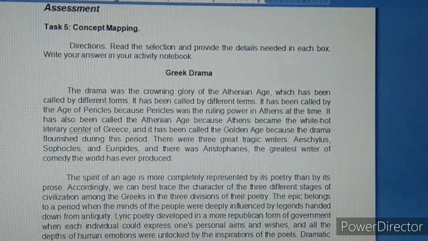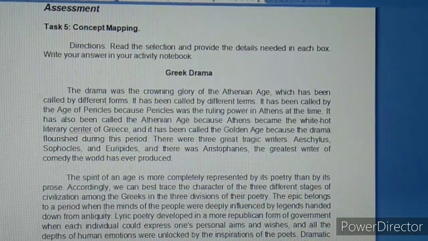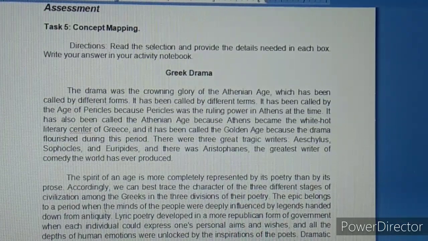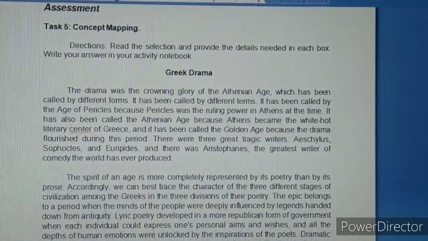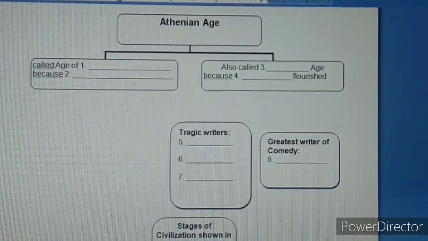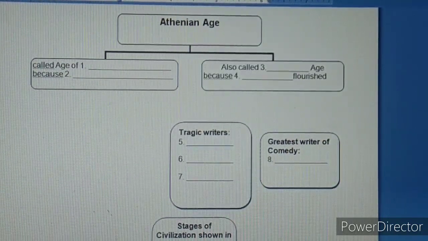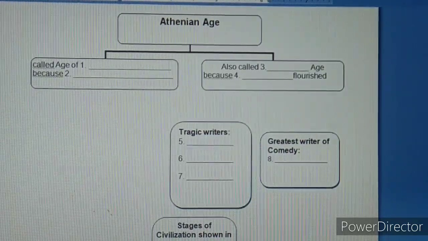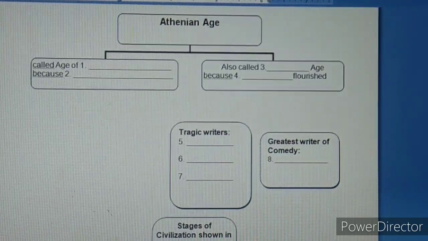Using your module, I want you to read this selection, which is entitled Greek Drama. After reading the selection, you are going to give your answers to the following chart or textual aid.